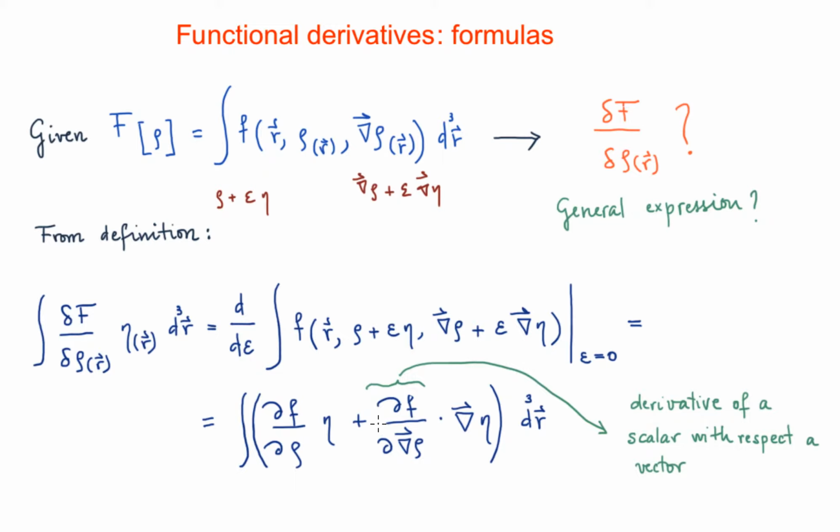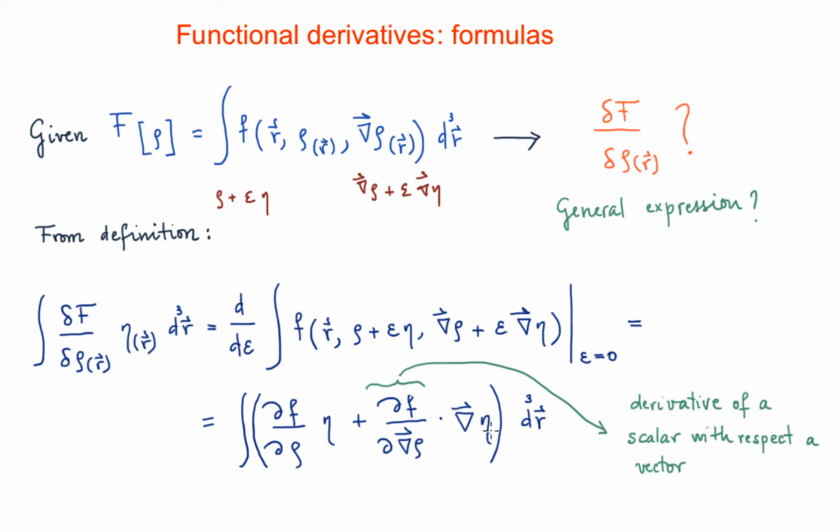Then, similarly, the next term comes from the derivative with respect to epsilon of the second term here. So we have the derivative of f with respect to the gradient of rho, times, as a scalar product, the gradient of eta. Here we're again applying the chain rule.